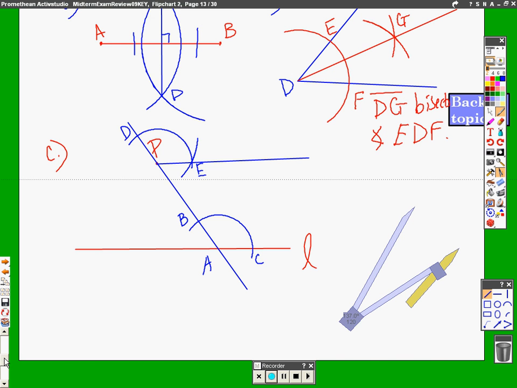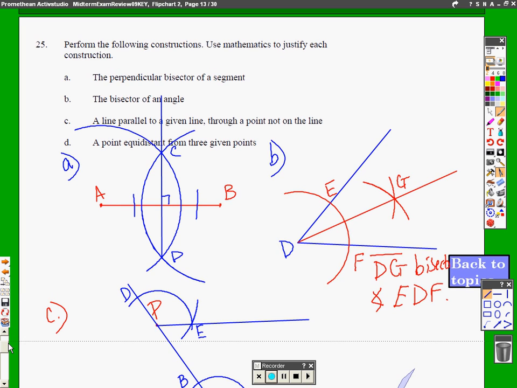All right, finally, construction D asks us to find a point equidistant from 3 given points. So we're kind of imagining we have 3 random points in space, and we want a point that's equidistant from them all. These 3 points form the 3 vertices of a triangle. And something that is equidistant from 3 vertices is the circumcenter.